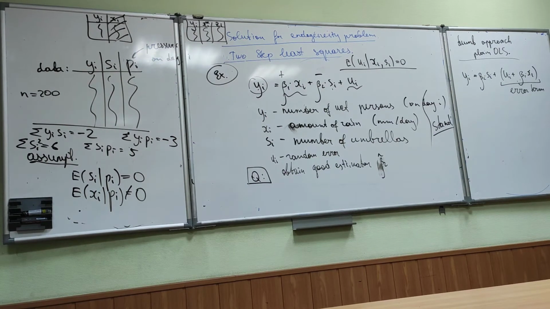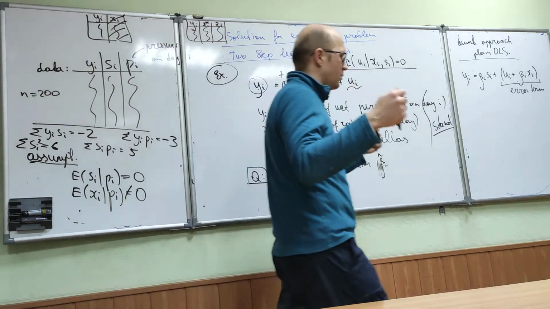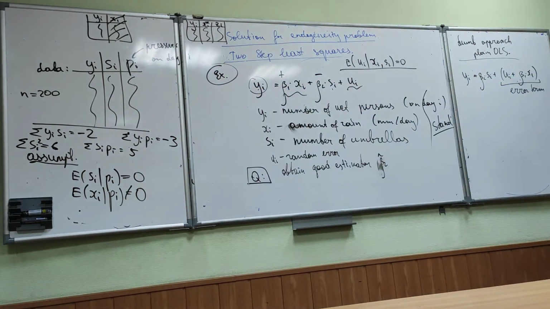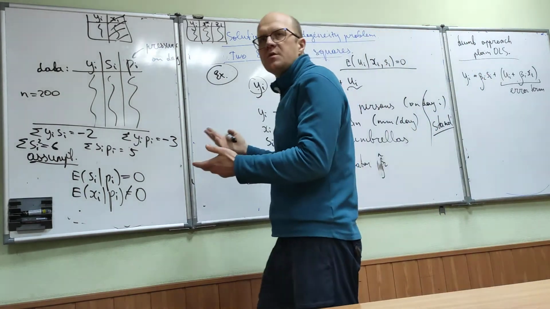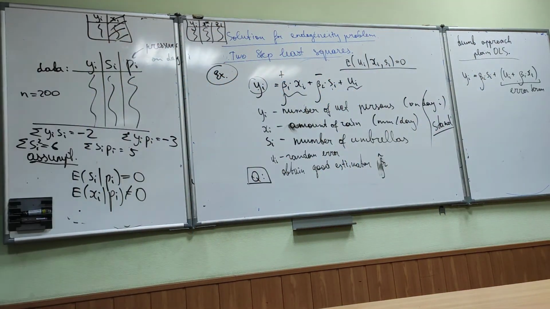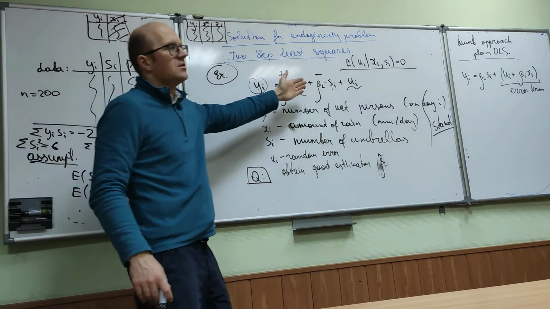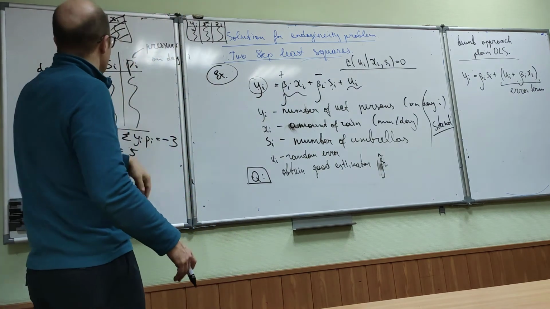If s is given, you know the number of persons with umbrellas, you know the amount of rain, so P is not influencing. Whether the pressure is high or low, the amount of rain is the same, the number of umbrellas is the same, P does not enter the equation. So at first glance it seems, just remove P.